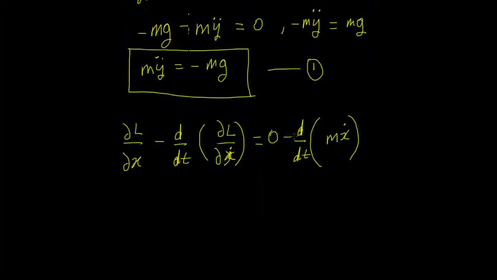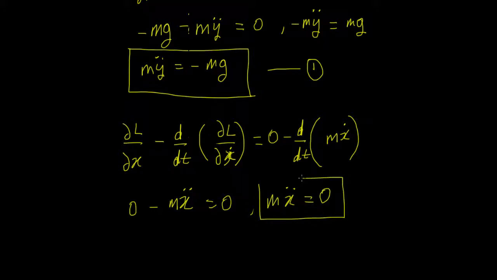So when you differentiate that again, you're going to end up with 0 minus m x double dot equals 0, so m x double dot equals 0. So that's us got number 2.